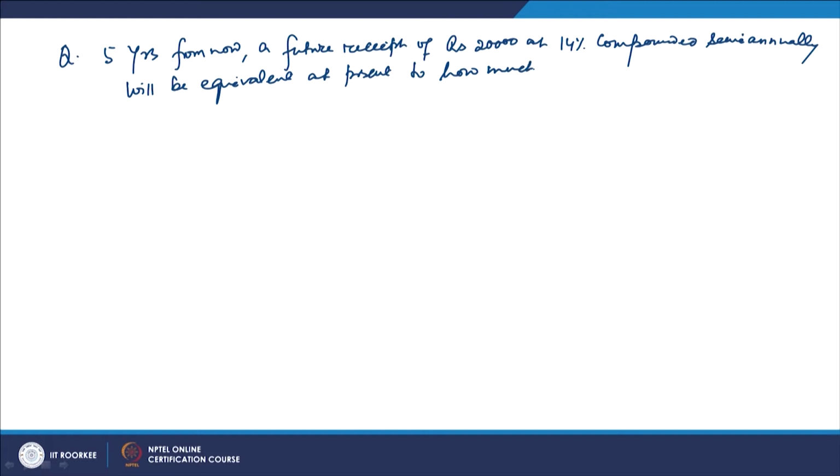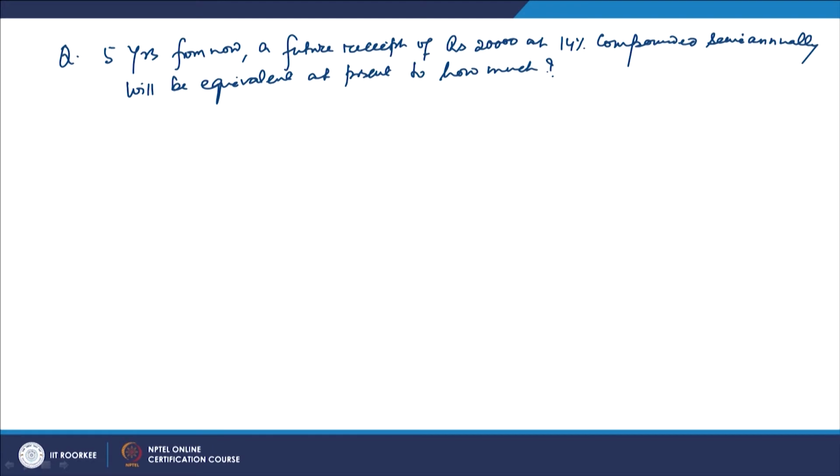So, you may face a certain type of question where 5 years from now you have a future receipt of 20,000 and the interest rate is 14% compounded semi-annually.